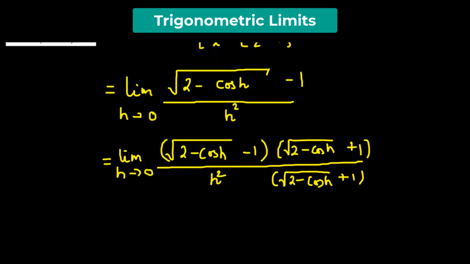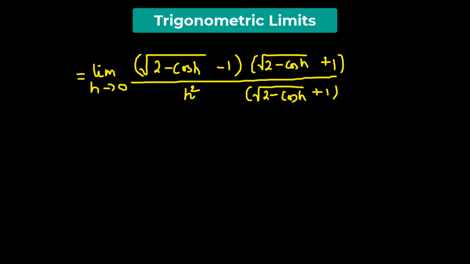Now, the numerator is of the form a minus b times a plus b. If we assume this is our a and 1 as our b, then a minus b times a plus b can be reduced to a squared minus b squared.